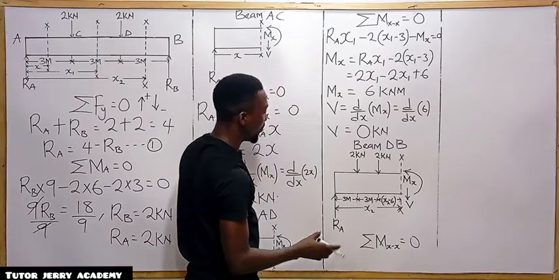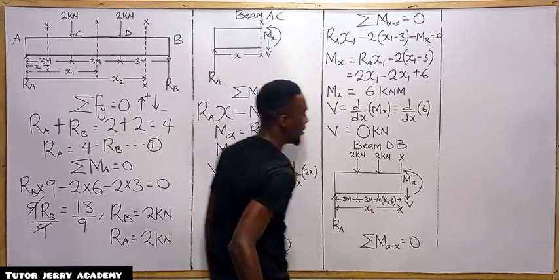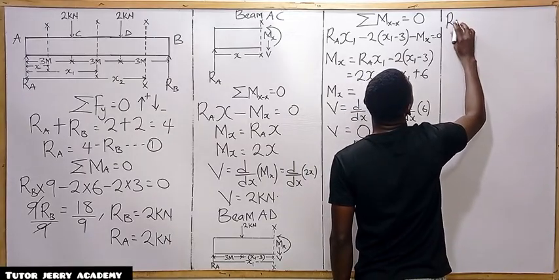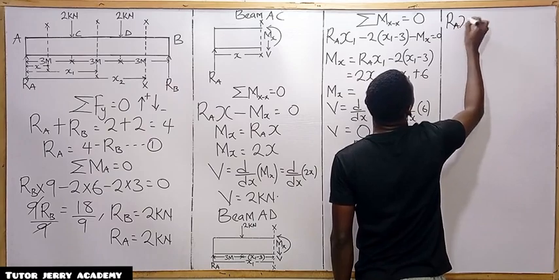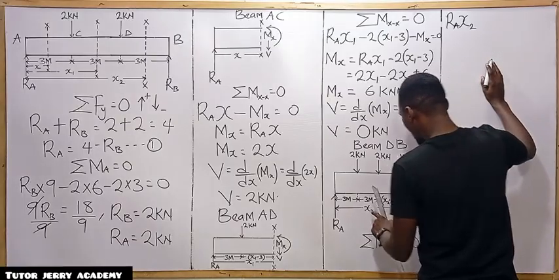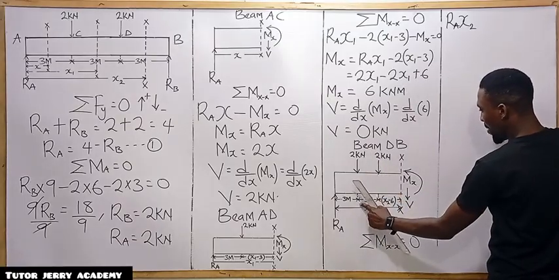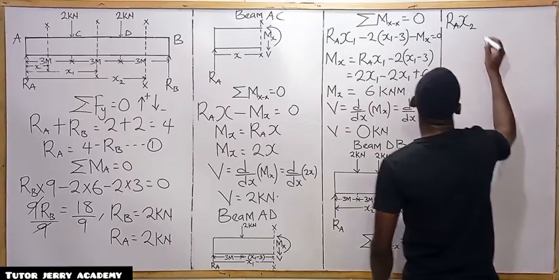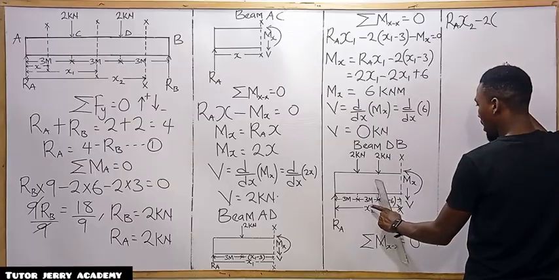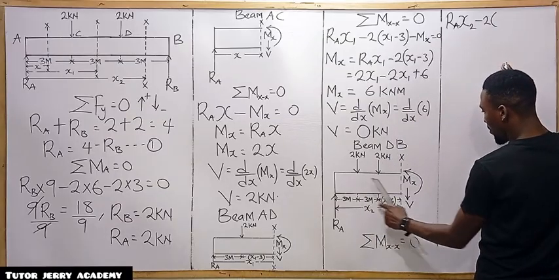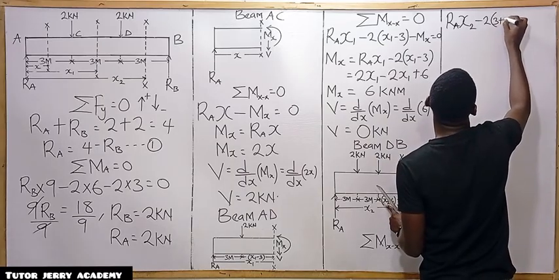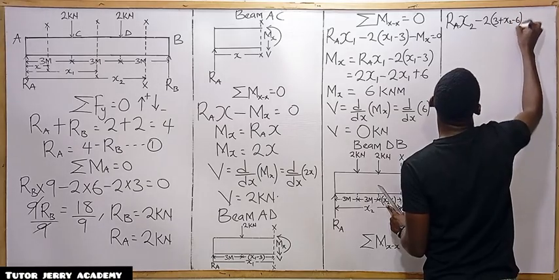0. So if we do that, RA multiplied by total distance is going to be reaction at A times S2. Then if we do this, it's going to be minus 2 multiplied by the total distance, minus 2 into 3 plus S2 minus 6.